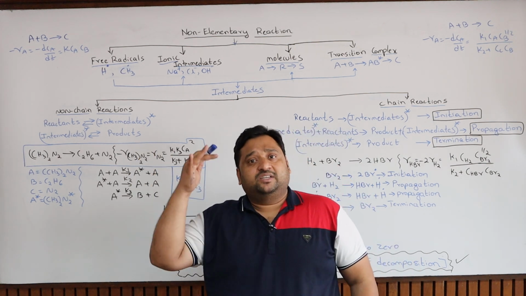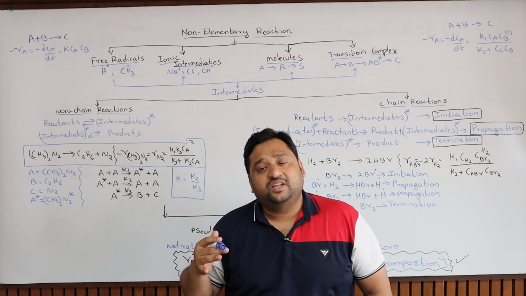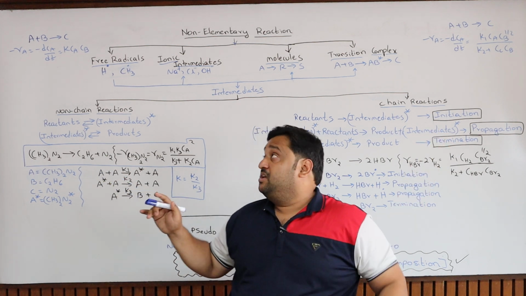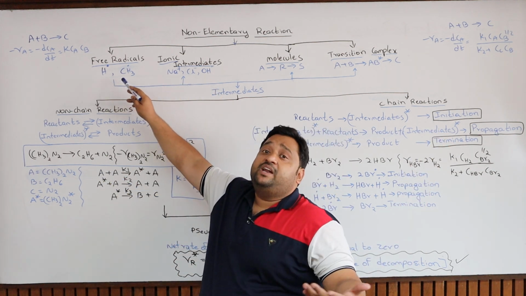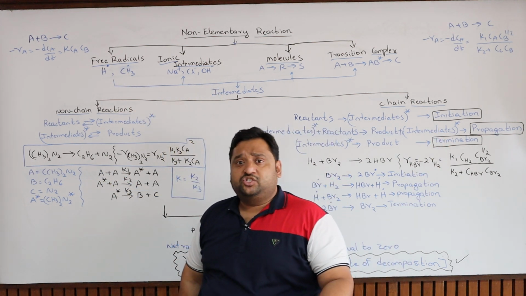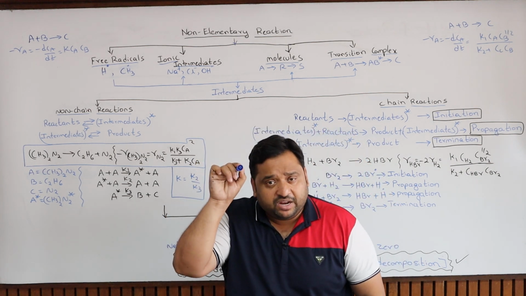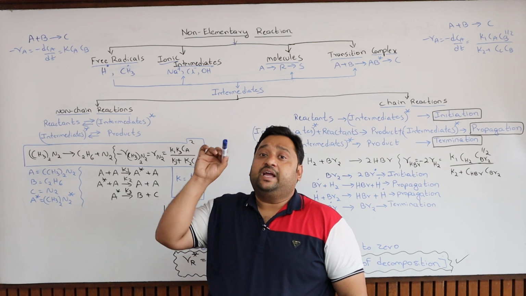In chemical reaction engineering, how can I differentiate the intermediates? The intermediates could be free radicals. Free radicals, I mean H2 gives rise to 2H dot. Wherever you see this dot symbol, those are intermediates.